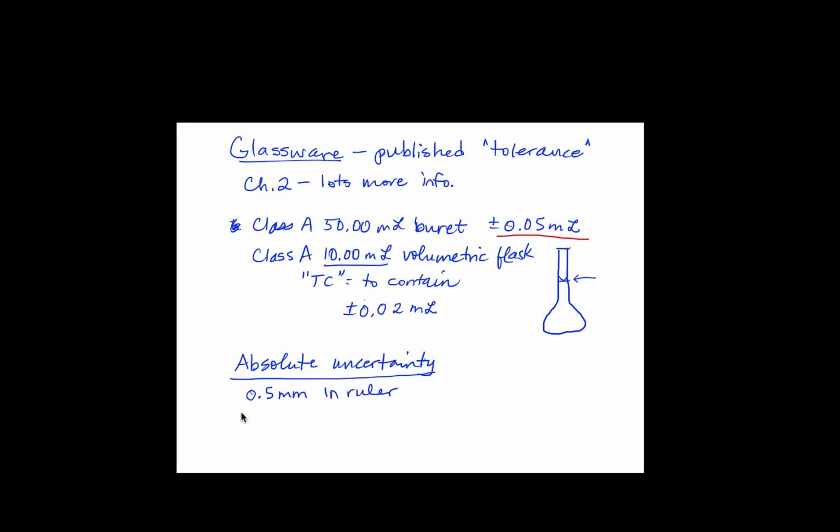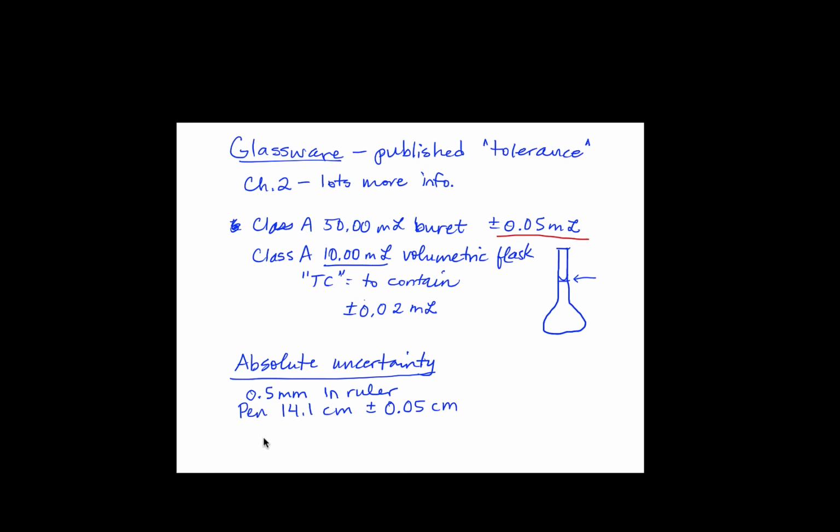And so I said that I thought that my pen was probably 14.1 centimeters, and there's 10 millimeters in a centimeter. And so that would make my pen 14.1 centimeters plus or minus 0.05 centimeters for some absolute uncertainty.